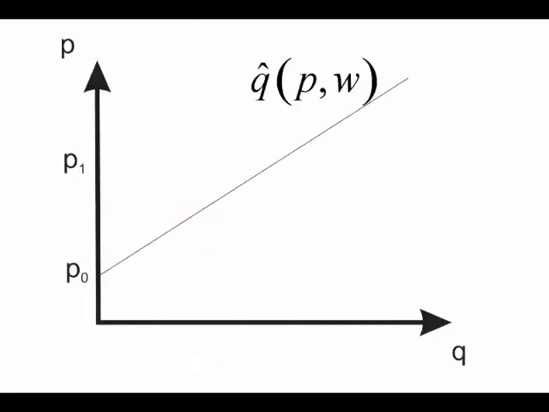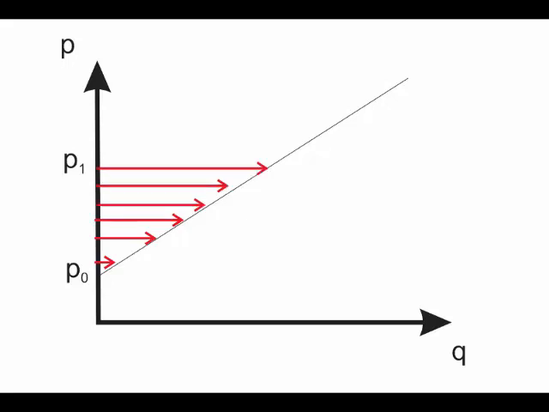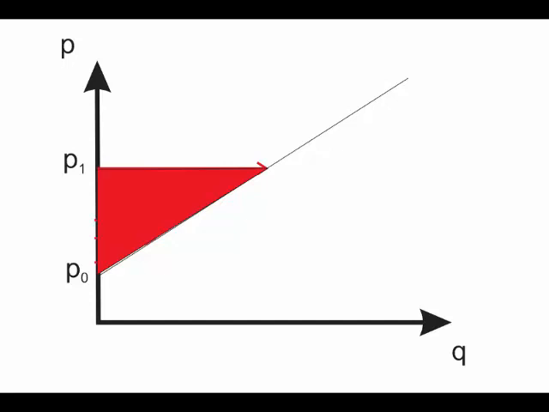Notice that this integral is over prices, not quantities. So rather than the area vertically under the curve, it's the area horizontally under the curve. As we integrate from P0 to P1, we move up, filling in the area under the supply curve, which is our typical measure of what you'd recognize as producer surplus.